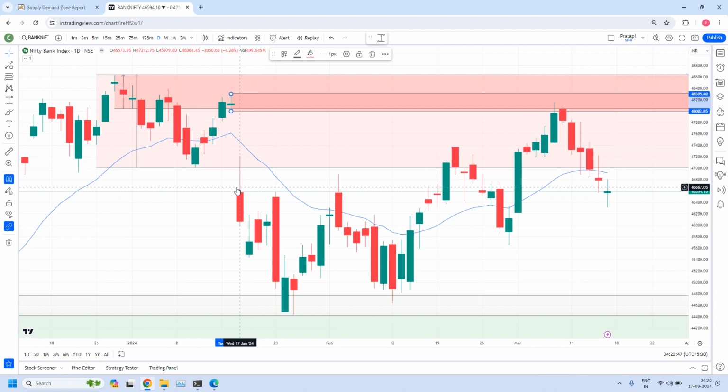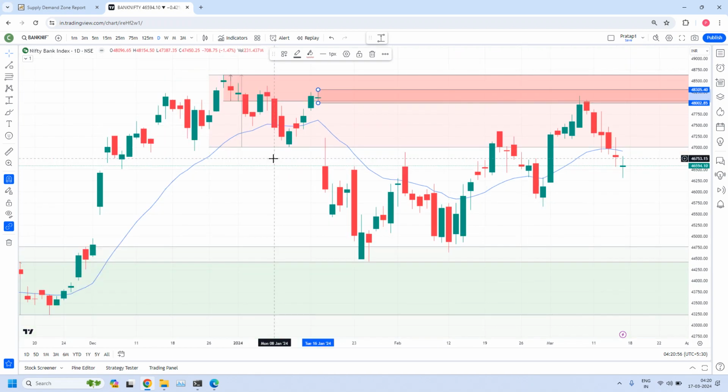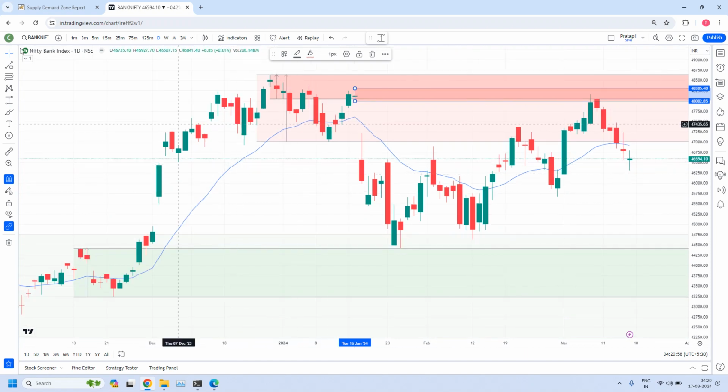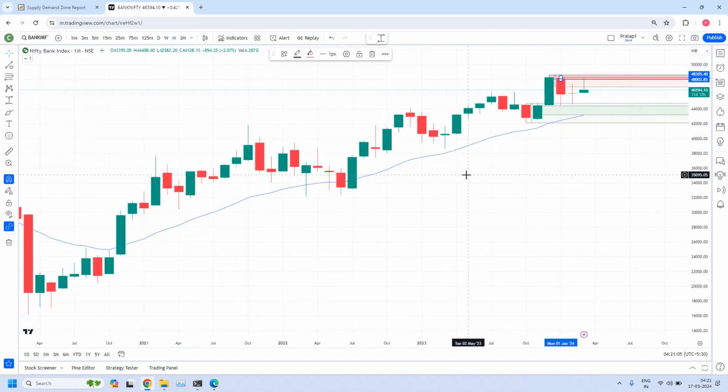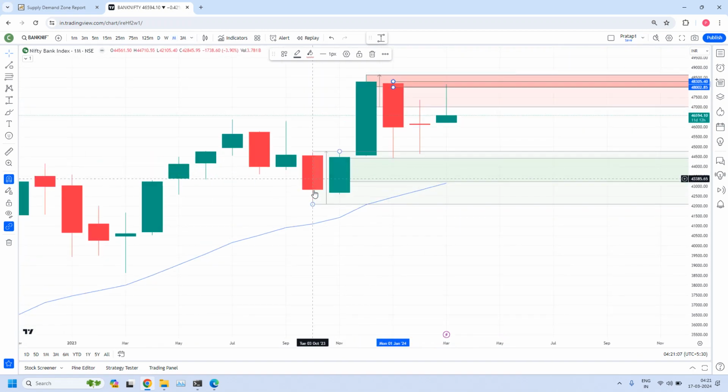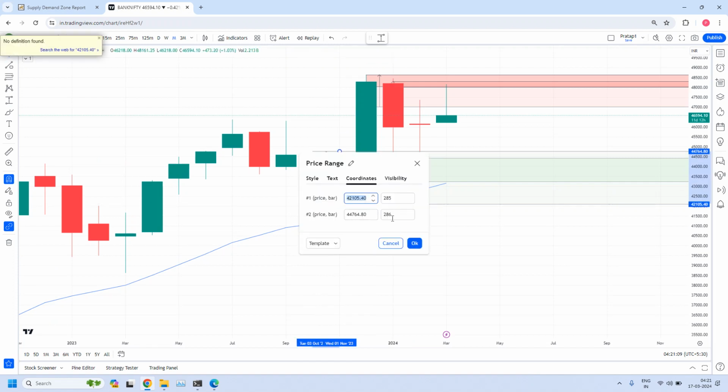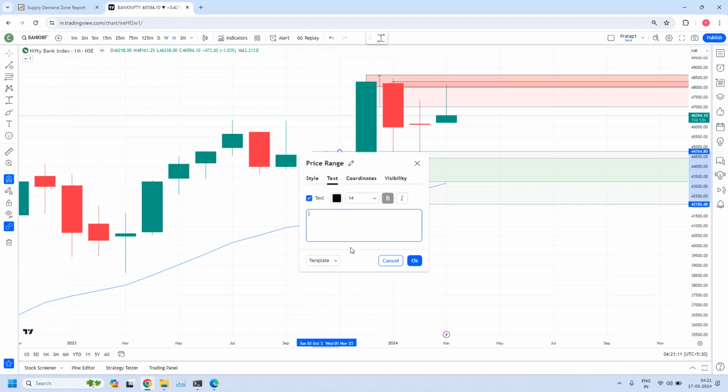And one thing we forgot to label. Labeling is very important, because once we get into the lower time frames, we get a lot of confusion about which zone belongs to which time frame. That's why, let me quickly label, starting from monthly. So this is the monthly zone, monthly demand zone.